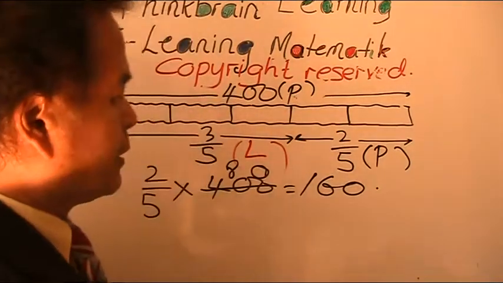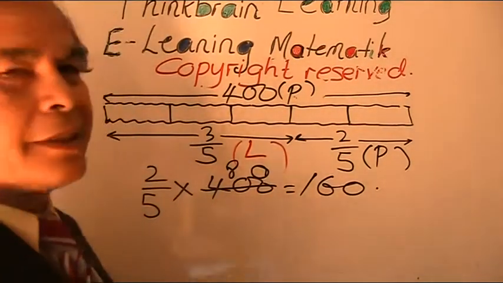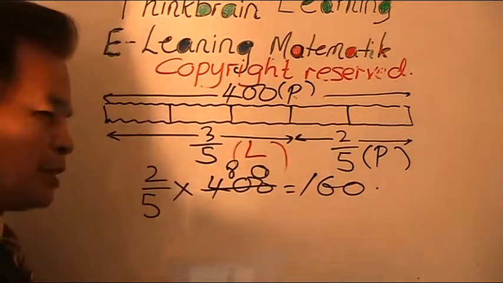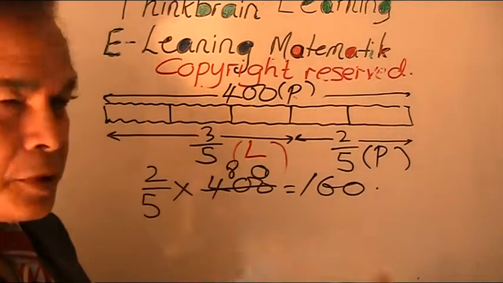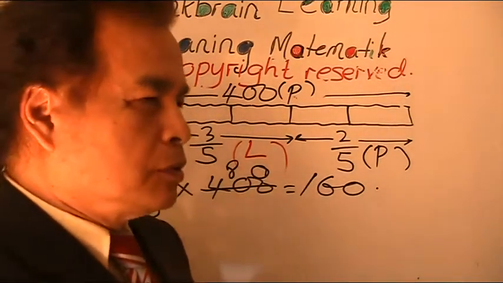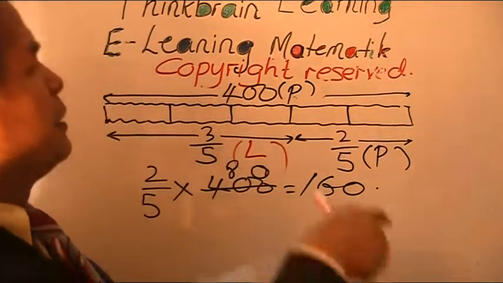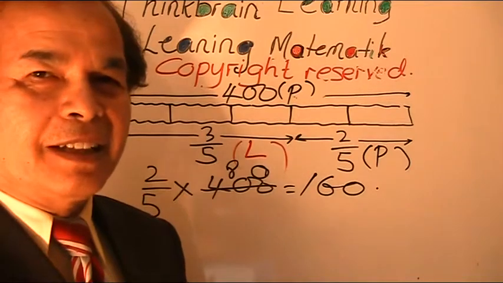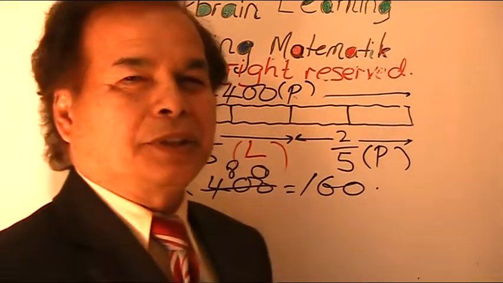Kemudian dia akan selesai. Kamu pun selesai juga. Dan bandingkan jawapan. Okay? So, you try to give new questions to your friend. Your friend also will develop another new question for you, and you try. Okay, that will be an interesting way of doing things.